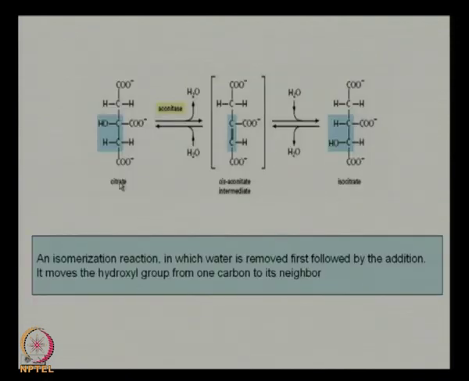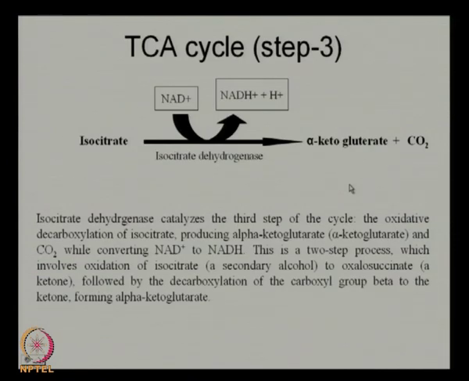In this isomerization reaction, one molecule of water is removed first, followed by the addition of water. It moves the hydroxyl group from one carbon to the neighboring carbon, and it forms the product called isocitrate. This is the second step.